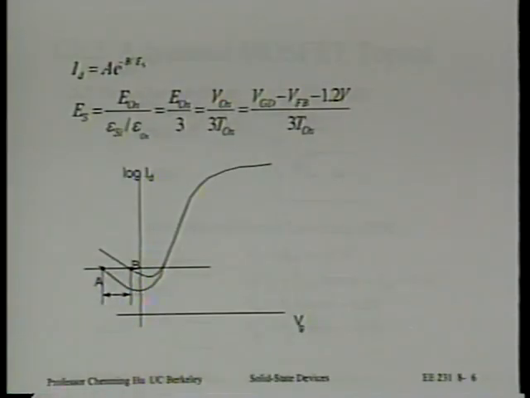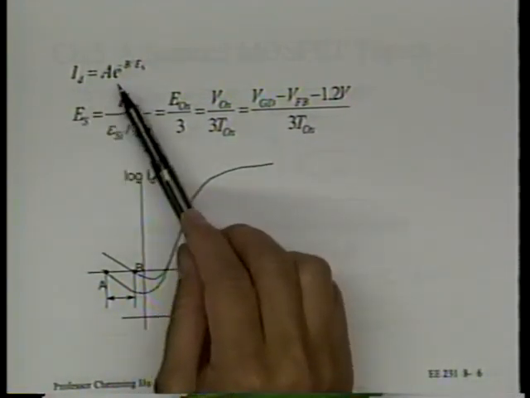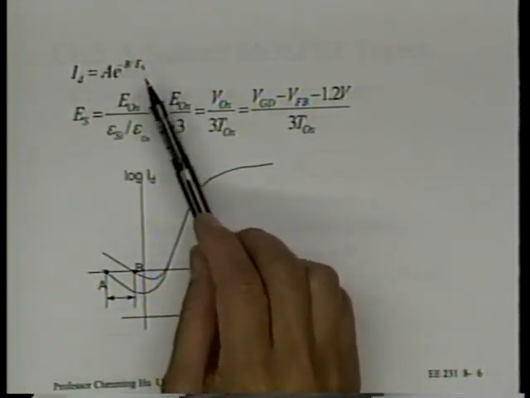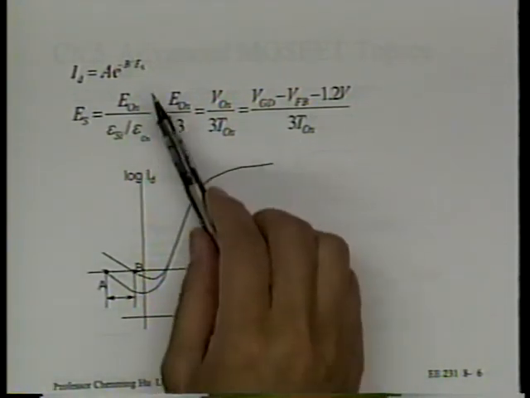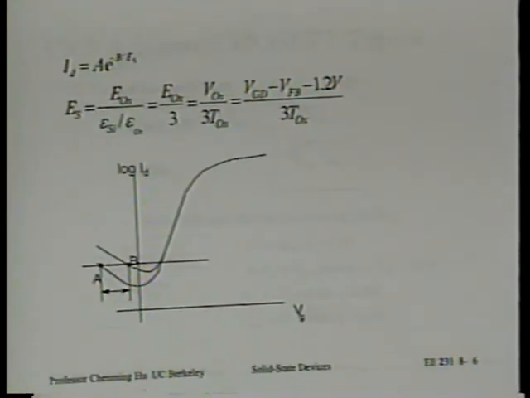Okay. All right. So the question is, ID equal to A exponential minus B over epsilon S. Can we express ES in a way that we can actually use in some real manner, rather than just a theoretical concept that if we knew ES, we know ID? How about try this way? ES is equal to the oxide field divided by 3.